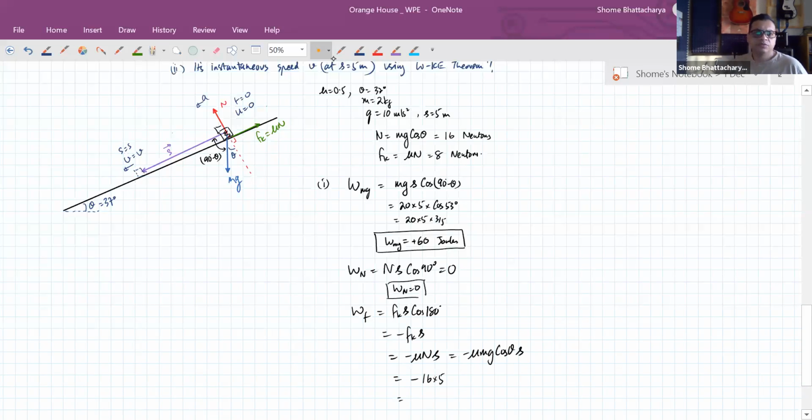Sorry, the kinetic friction was 8 newtons, my mistake. So minus 40 joules. This is the work done by the friction. Okay, so these are the various quantities.